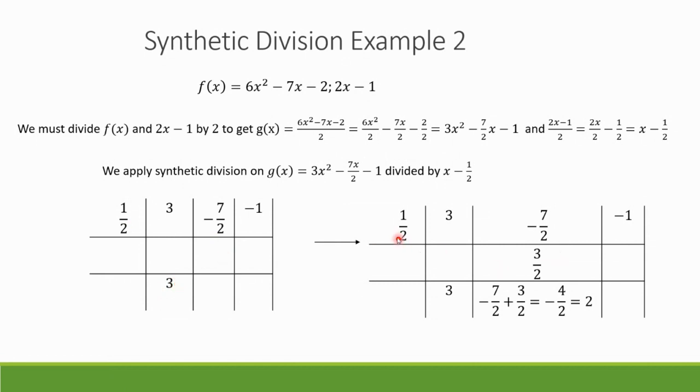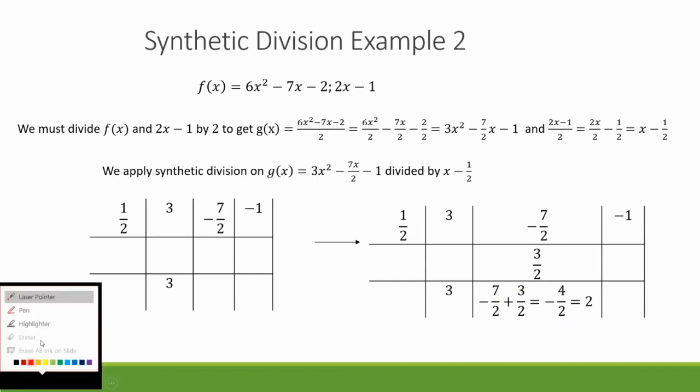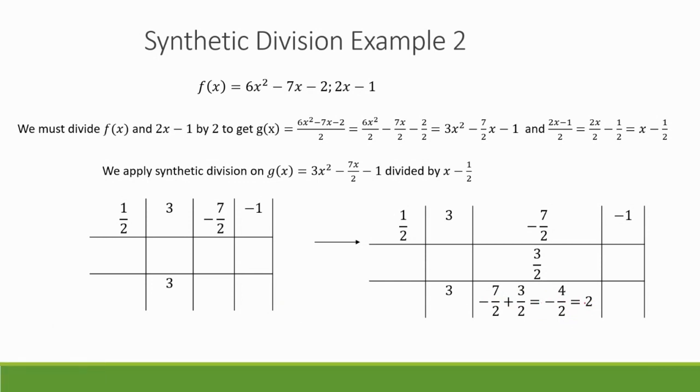That's what's happening over here. 1/2 times 3 is 3/2. Then we have to add. What's nice here, at least, is that you have a common denominator. So you just add the numerators, right? So basically, we get negative 7 over 2 plus 3 over 2 is negative 4 over 2, which is negative 2. Okay? This is negative 2.